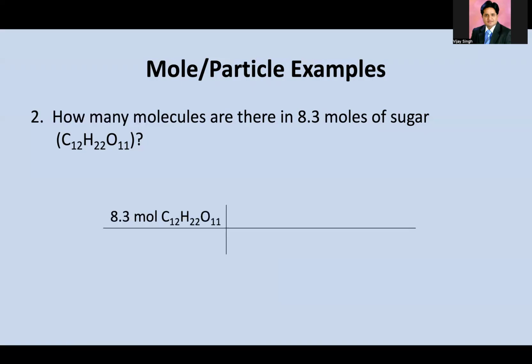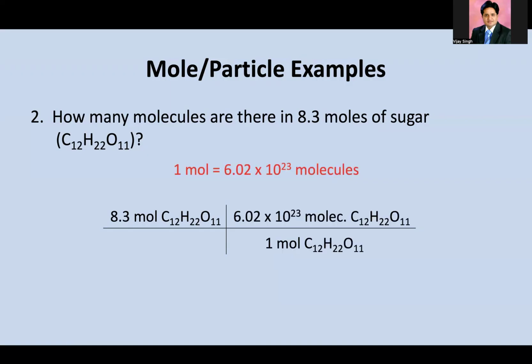So 8.3 moles of sugar multiplied by Avogadro's number, because 1 mole will have 6.02 times 10 raised to the power 23 molecules. So when you multiply that, you will be getting 4.9966 times 10 raised to the power 24, which is rounded to 5 times 10 raised to the power 24 molecules of sugar.